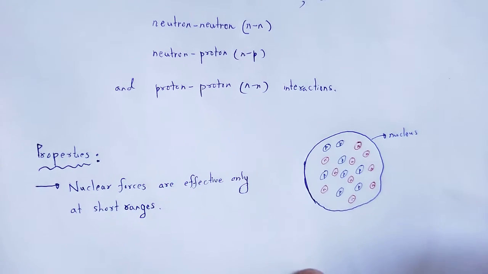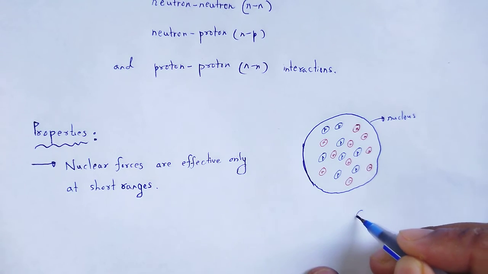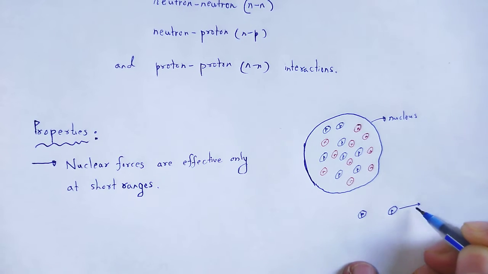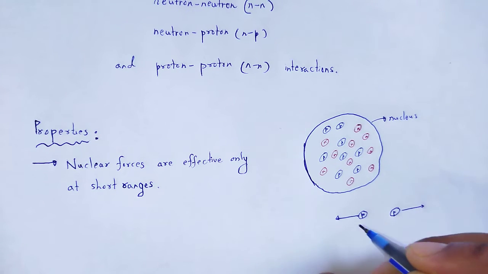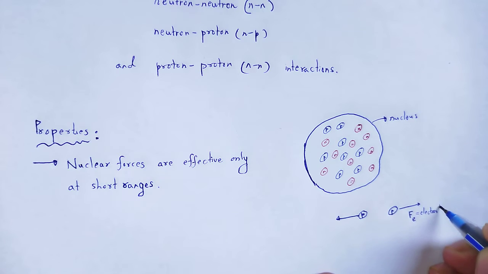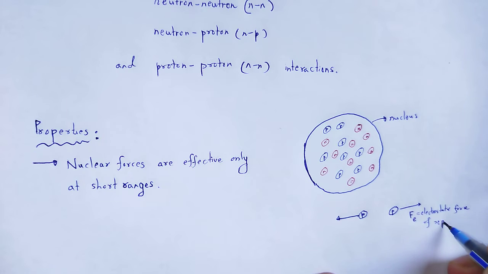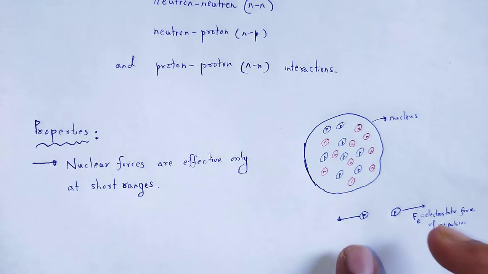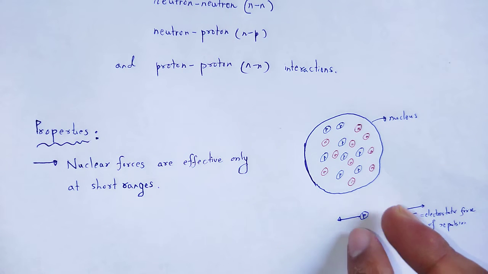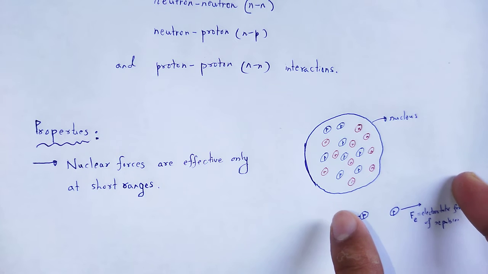Let me explain. If we take a proton and a proton, these two repel each other due to the electrostatic force of repulsion, and that electrostatic force of repulsion acts when these protons are at long range.